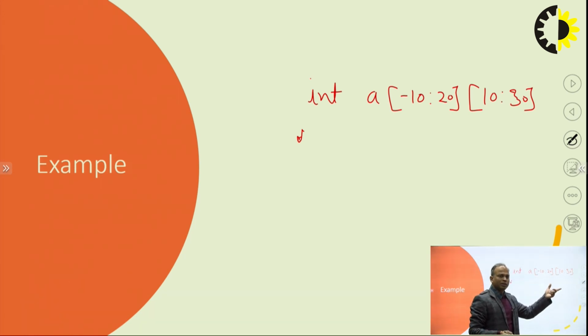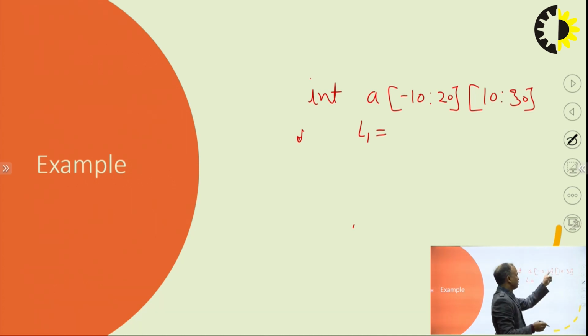So L1 and L2 we can easily derive. L1 is for the first bracket, I mean dimension 1, and L2 for dimension 2. So L1 would be the length. For the length, we need to write upper address minus lower address plus 1.